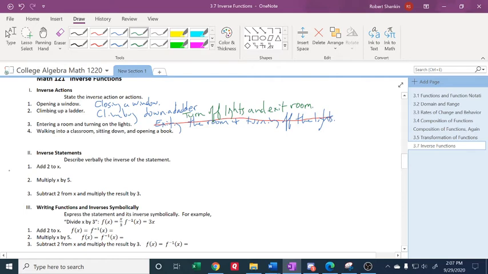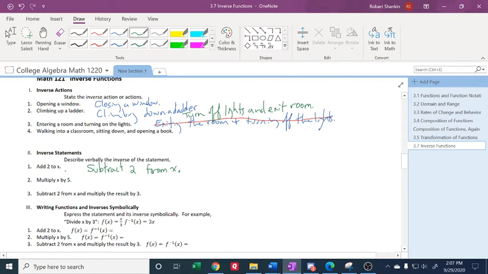If I'm adding 2 to any number, what does it seem to be the opposite of that? The inverse of that would be subtracting 2, not the 2, but I'd say from x.